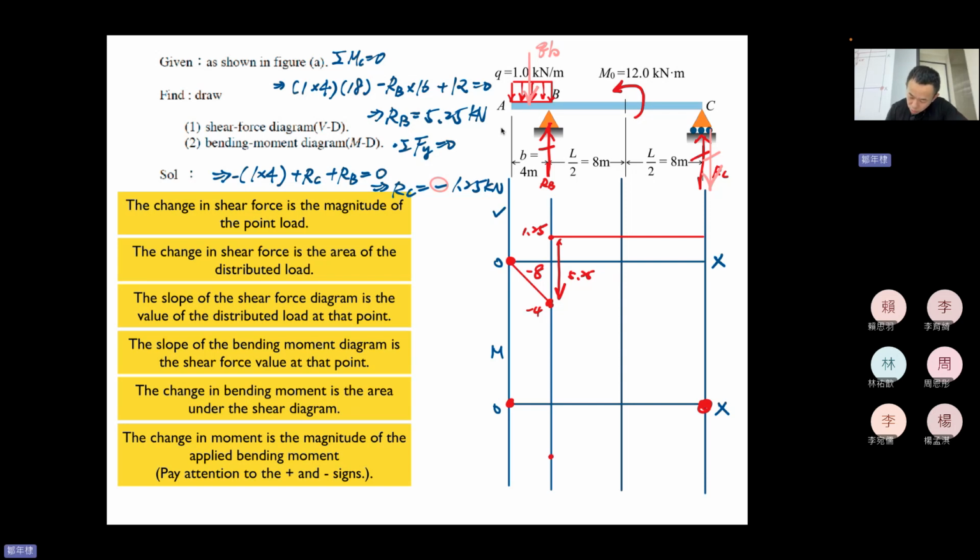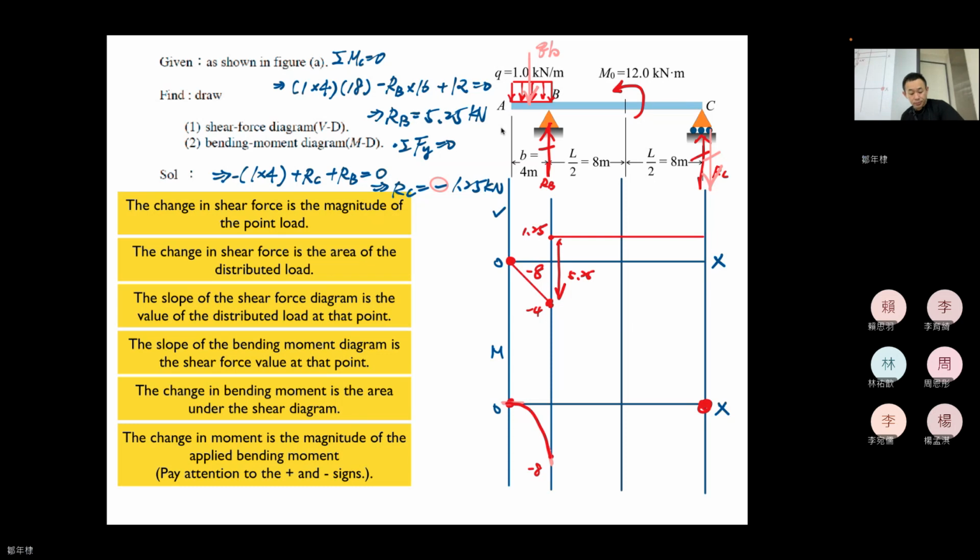How to connect this? The shear force diagram value is from 0 to -4. So the slope needs to go from 0 to -4, right? And it gradually changes.